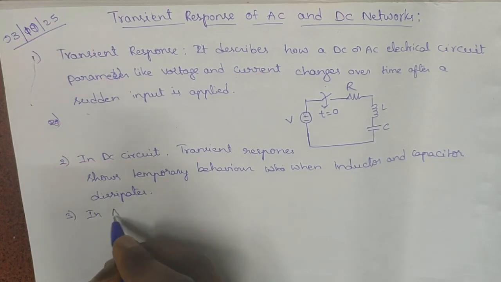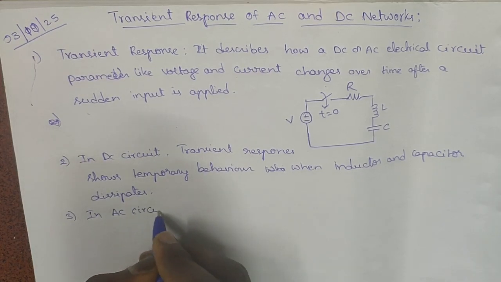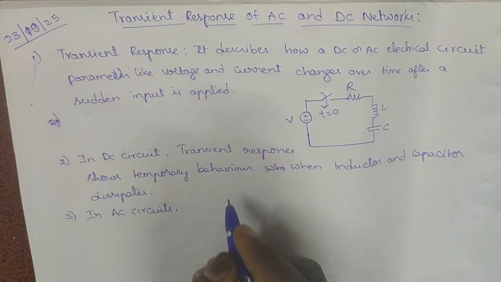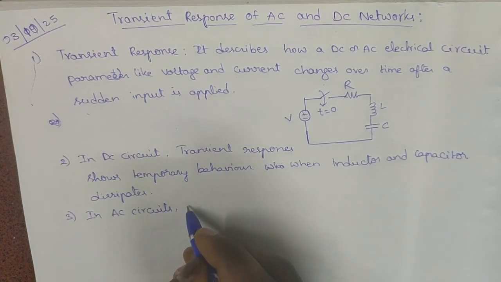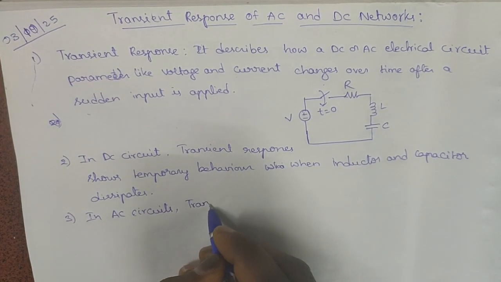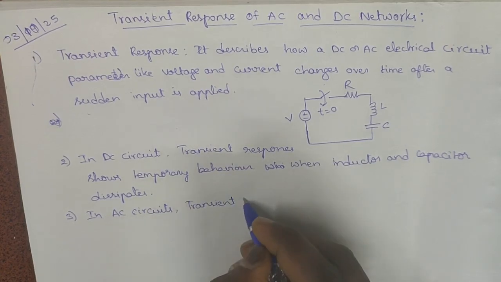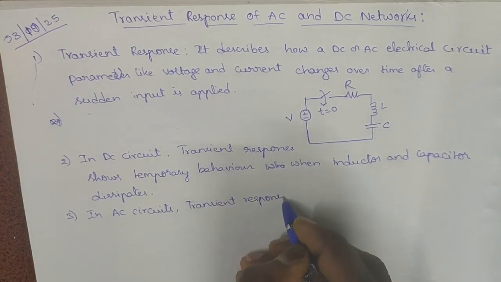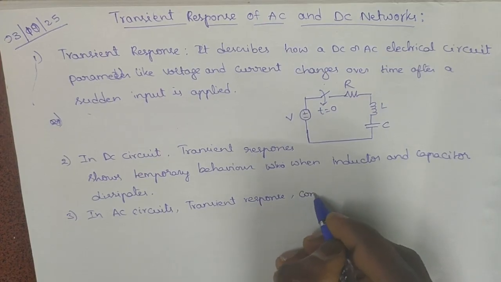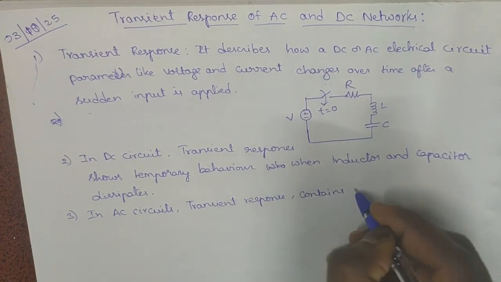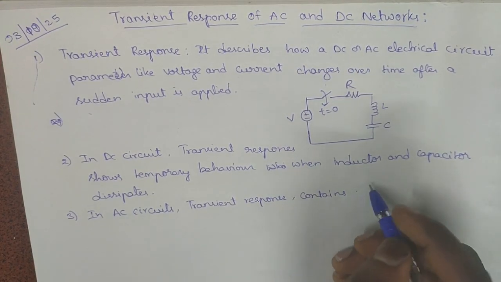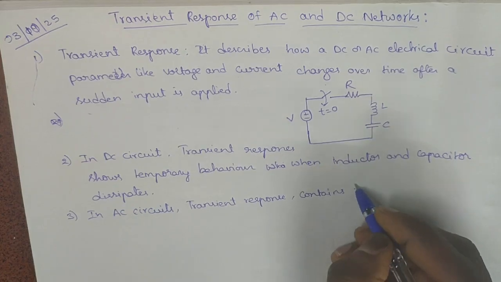In AC circuits, the transient response contains two terms.